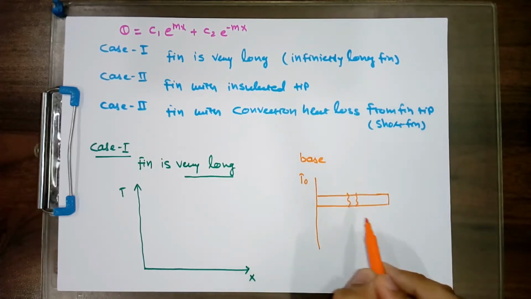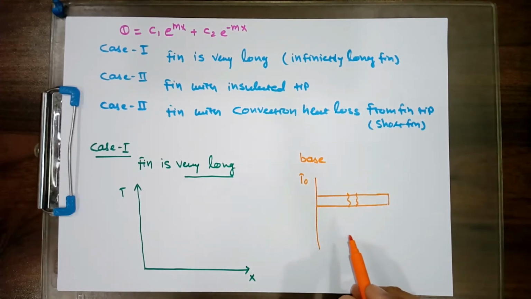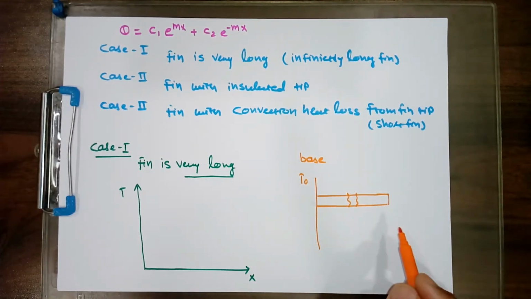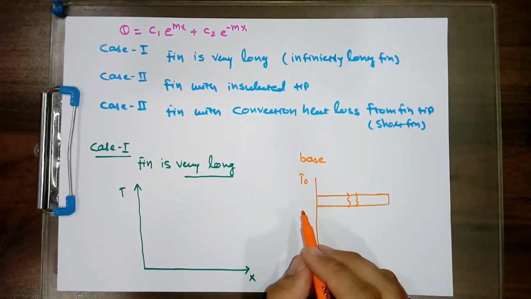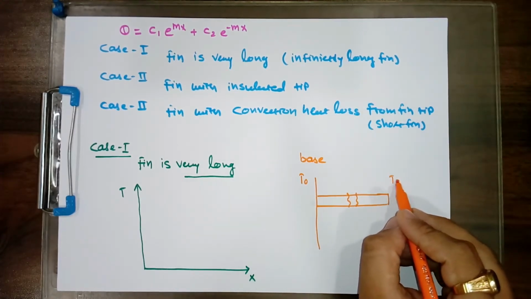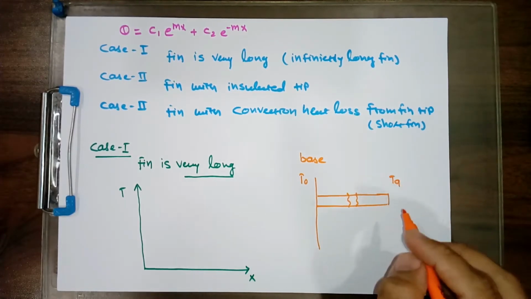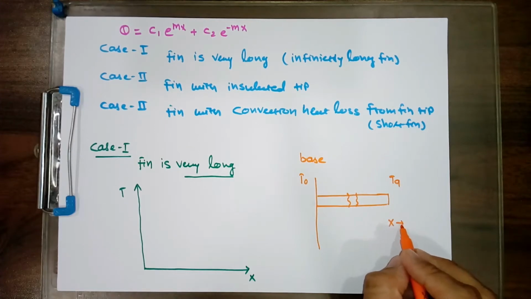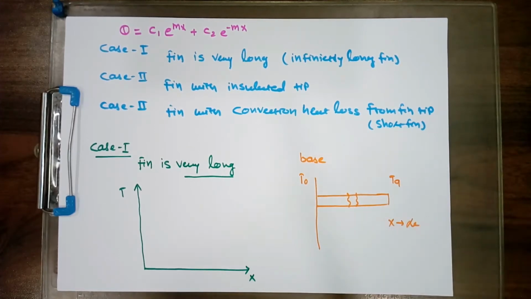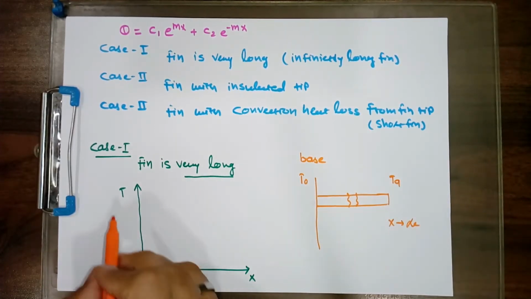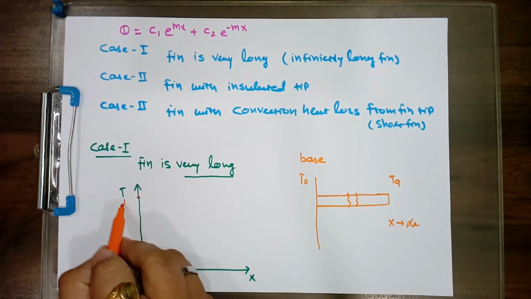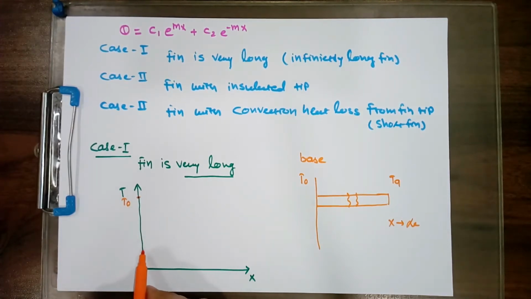Suppose this sign indicates that the length of the fin is very high. So this is a base having a temperature of T0 and the ambient temperature is Ta, as x tends to infinity. Let's say T0 is the temperature of the base, then we can take a reference of the ambient temperature using this discontinuous line, that is Ta.